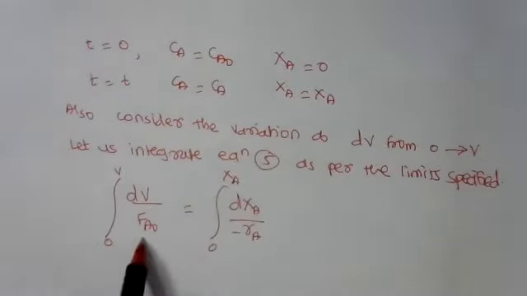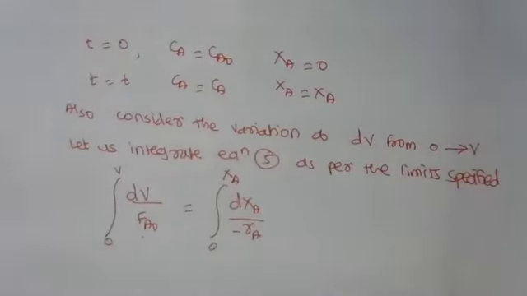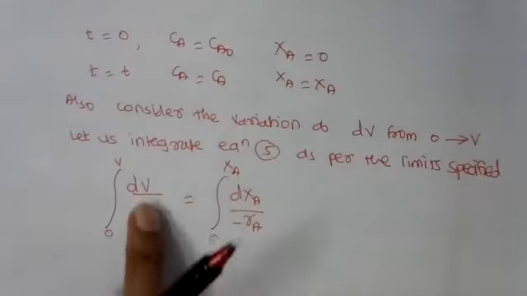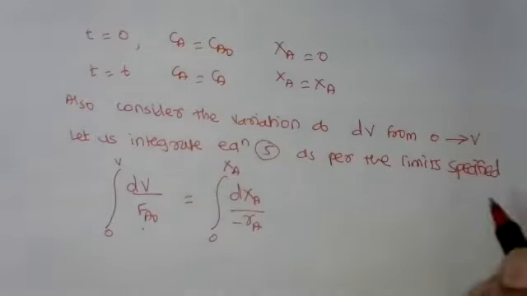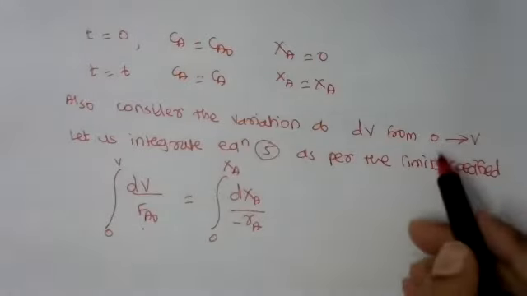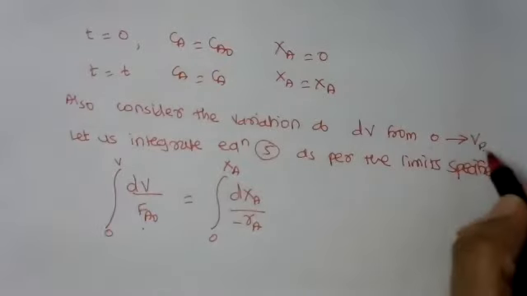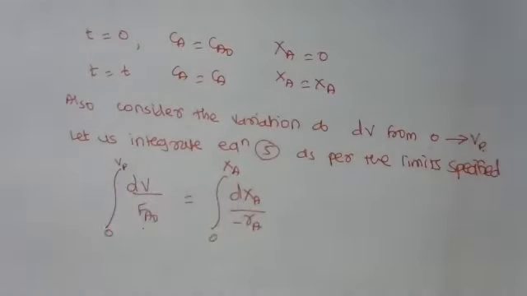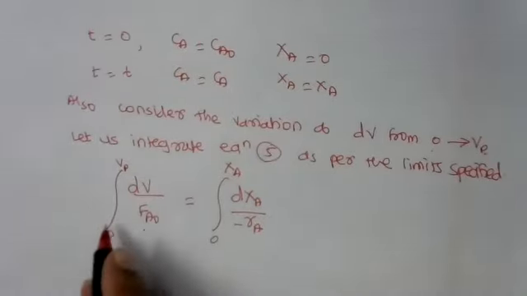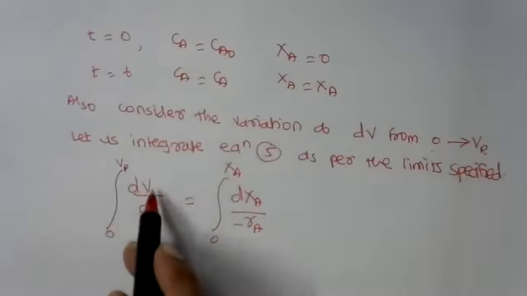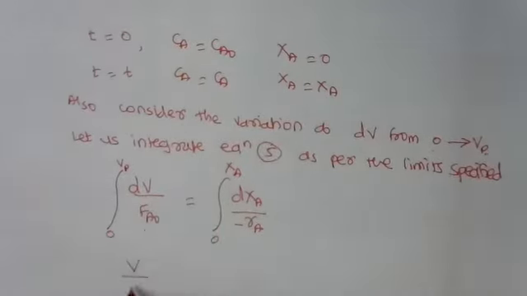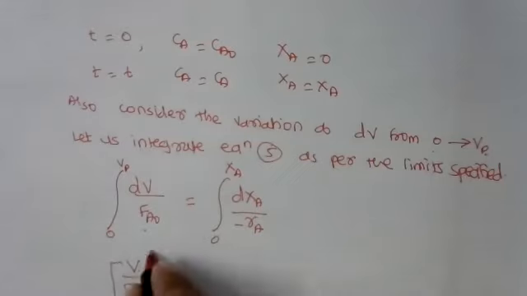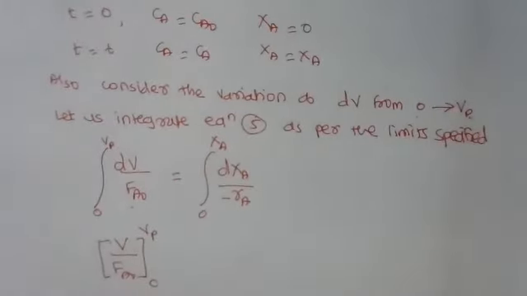Now this Fa0 is the molar feed rate, it's a constant, and therefore if you want to integrate the LHS, Fa0 can be taken outside, and in place of this volume 0 to V, I will consider it as Vp. The integration of dV is V, and Fa0 was constant, so you can substitute the limit between 0 to Vp.